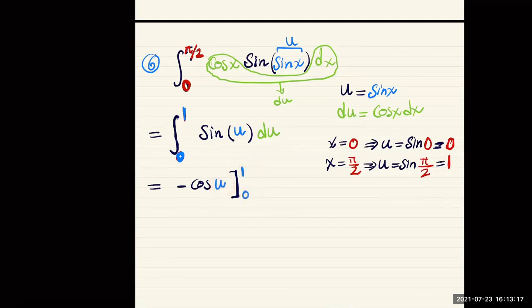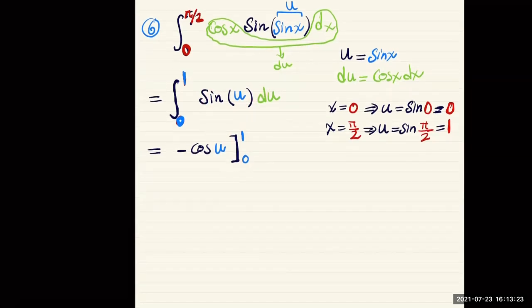But since these are in terms of u, you can just plug those into your antiderivative that is in terms of u. You get negative cosine of, plug 1 in, minus negative cosine of 0.